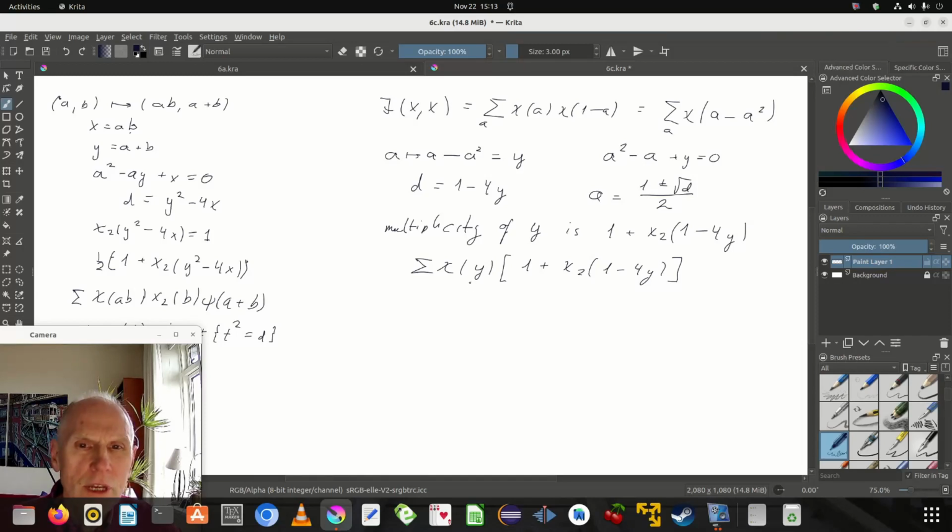And can we now sum over all y's? If this is naught, then it's naught or 1. And if y is a 1/4, that seems right. So this seems to be equal to J of chi with chi. So let's expand.